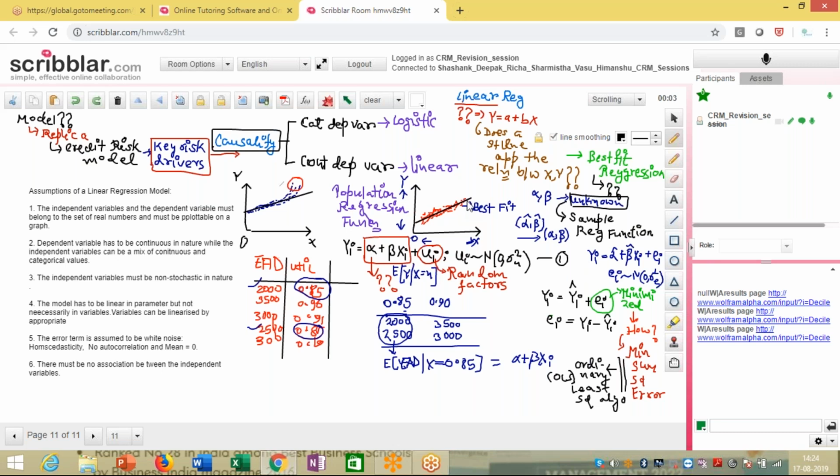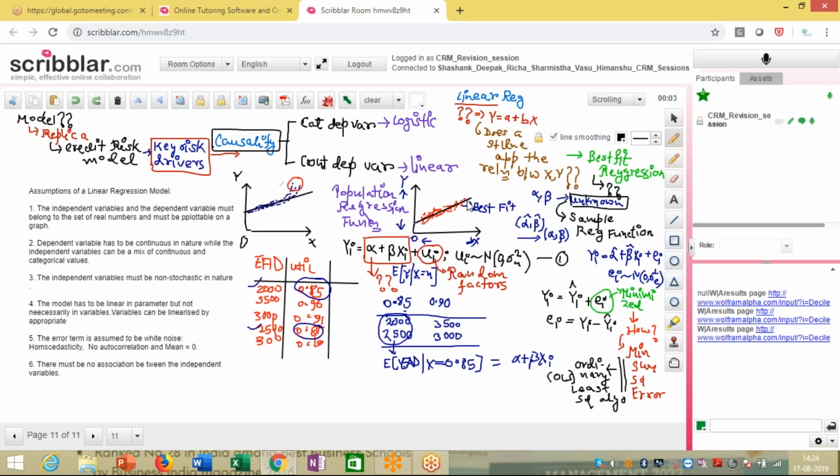Now, talking about causality, we talked about dependent variables: broadly, there are two types. One is a categorical dependent variable, the second is a continuous dependent variable. These are the two sets of dependent variables that we get to see, right?